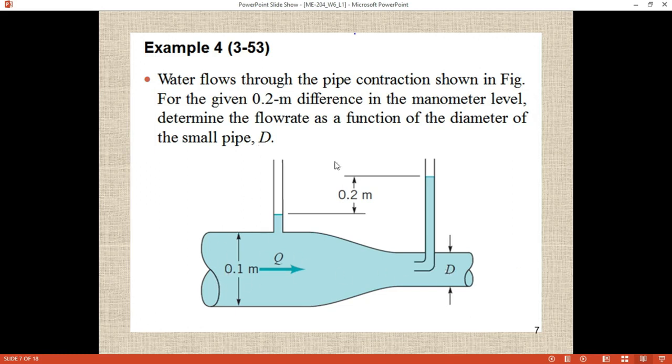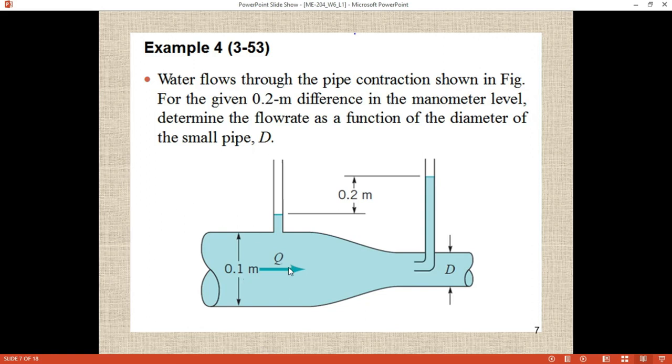To find out the flow rate we know the equation, Q is equal to VA. If you know the velocity of this section you can calculate the flow rate. If you know the flow rate, you can easily calculate the velocity and area of the other section. So to find out the flow rate we basically need the velocity.